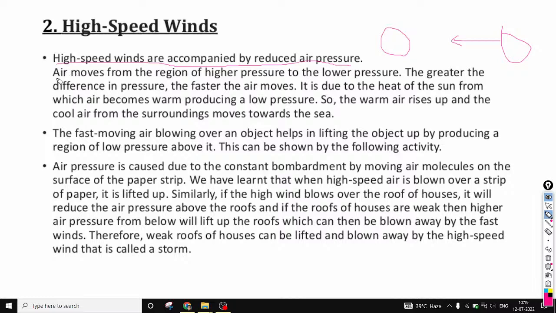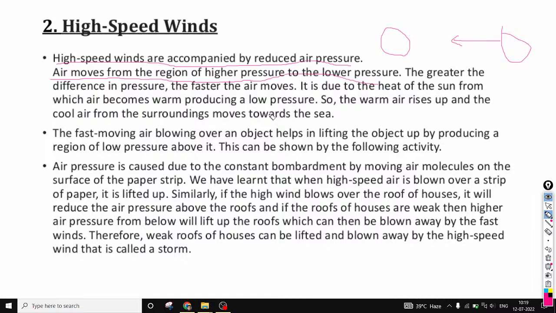So air moves from the region of higher pressure to the lower pressure, and the greater the difference in pressure, the faster the air moves. If the difference between these two places is very large, the movement of the air will be very fast.